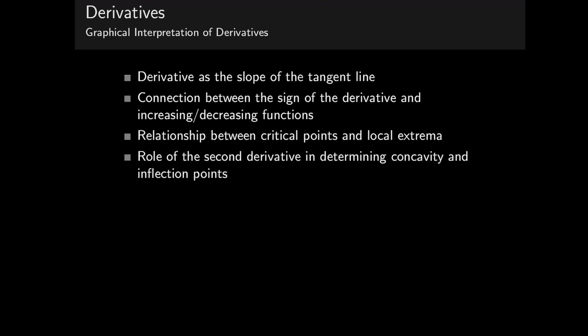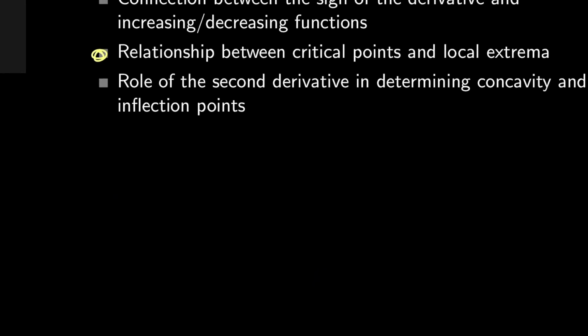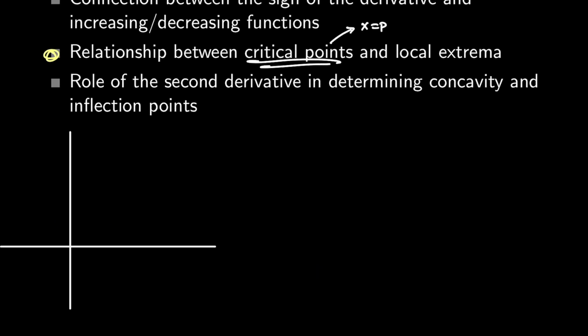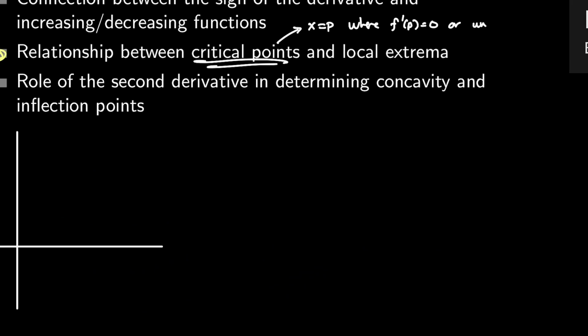So a couple more points here. The relationship between critical points and local extrema. So one comment here is that if we have a graph, all right, what is a critical point? A critical point is a point P where f prime of P is 0 or undefined.